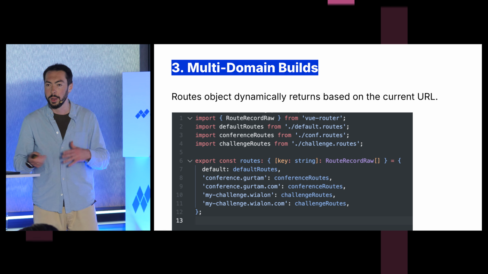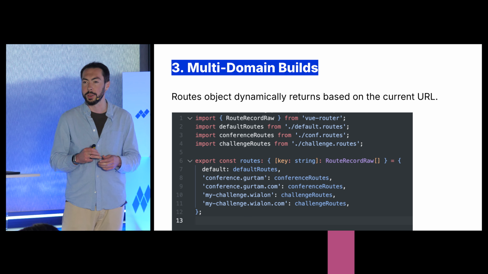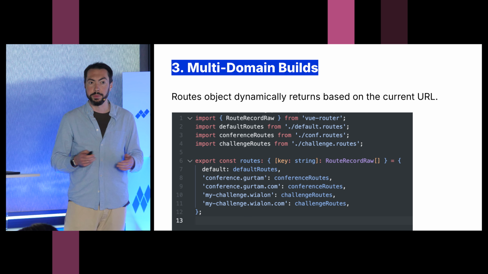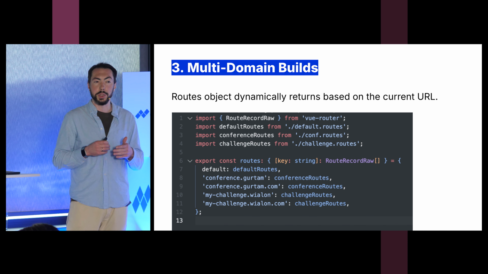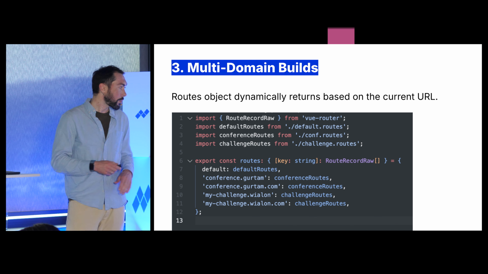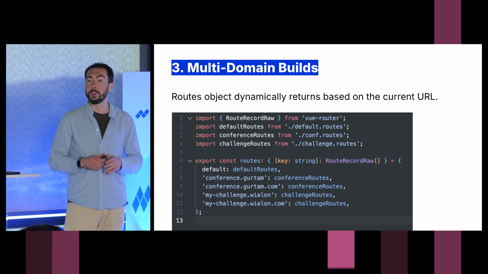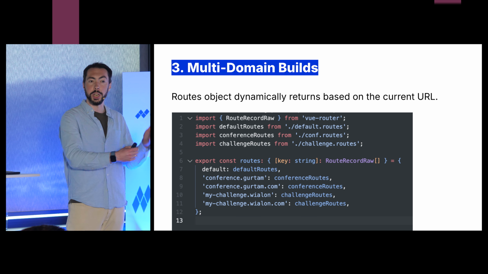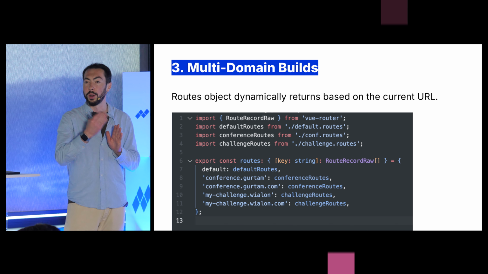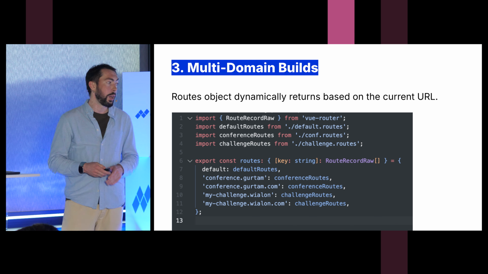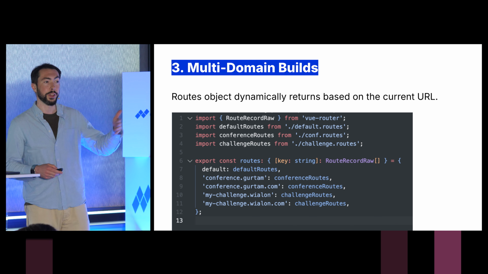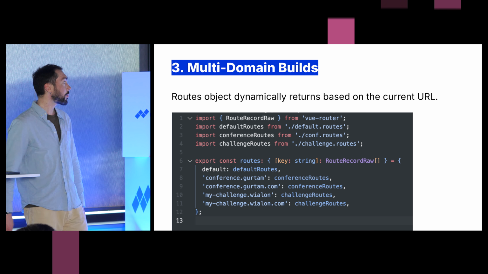We use Quasar, but I believe React and other Next technologies also have something similar. So we just return the correct URL object, because each site has its own route structure, and it renders different pages.